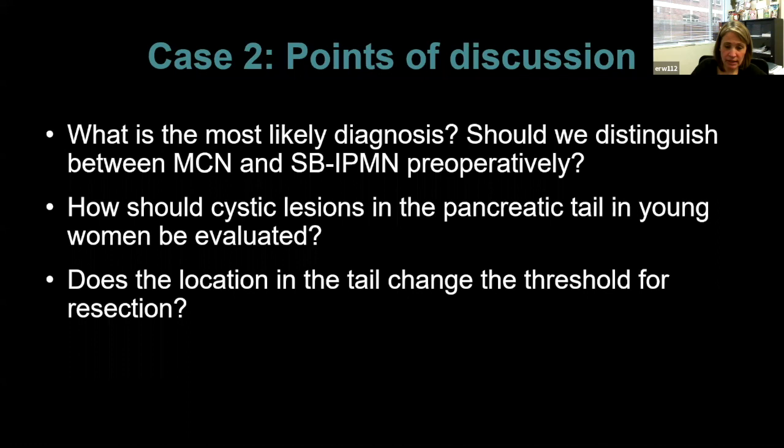So how should cystic lesions in the pancreatic tail in young women be evaluated? Do we assume that they're MCNs? Do we try to prove they're side branch IPMNs and follow them? And if they're young and we're going to be following them anyway, would it not be better to do essentially both a diagnostic and therapeutic operation? And how does the location in the tail change the threshold for resection?